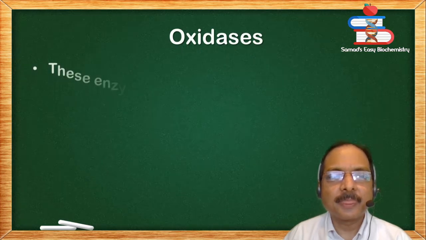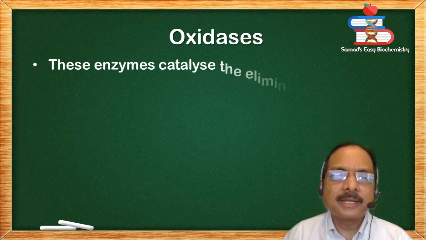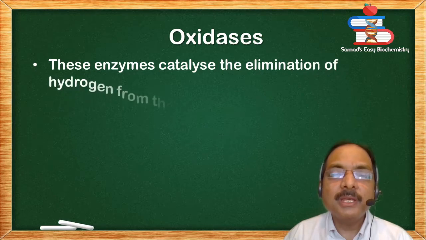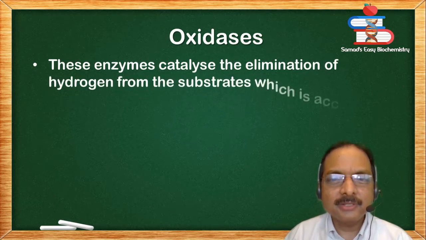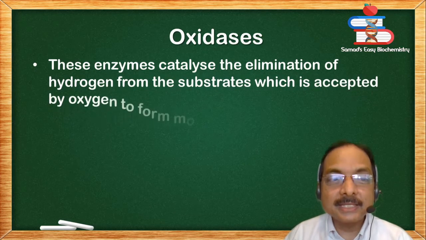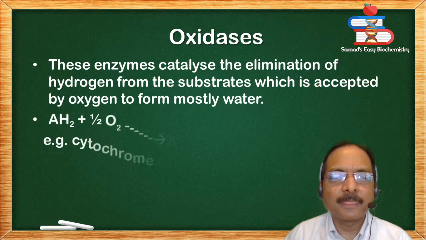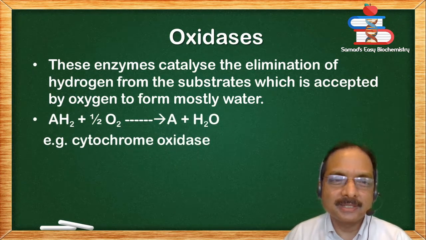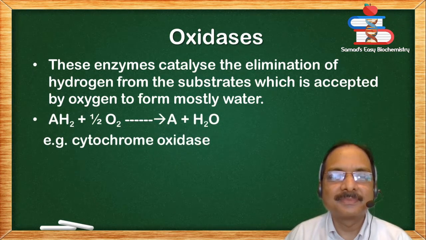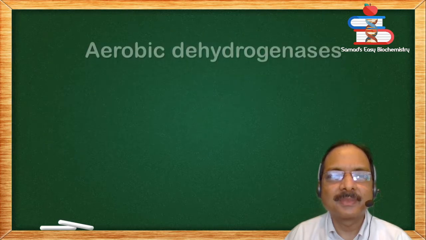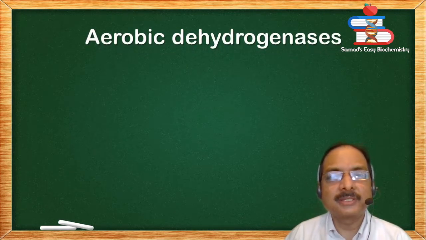Oxidases. These enzymes catalyze the elimination of hydrogen from the substrates, which is accepted by oxygen to form mostly water. Example, cytochrome oxidase. Aerobic dehydrogenases.